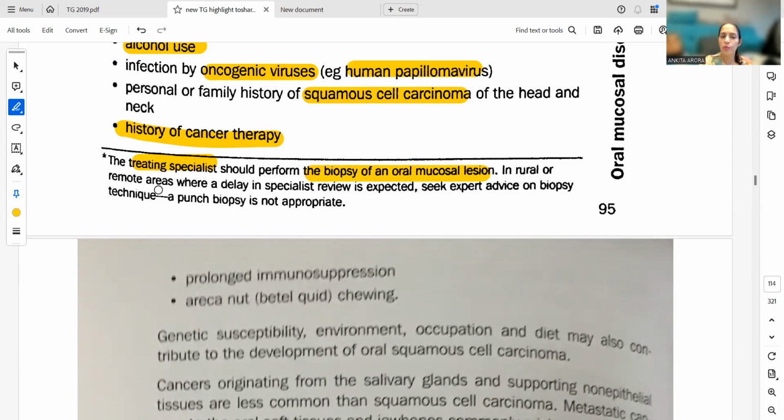But in rural or remote areas where a delay is expected, the dentist present in the rural center can do the biopsy by taking expert advice on biopsy from the expert. And punch biopsy is not appropriate. One has to take a proper biopsy, which is the healthy tissue along with the abnormal tissue.